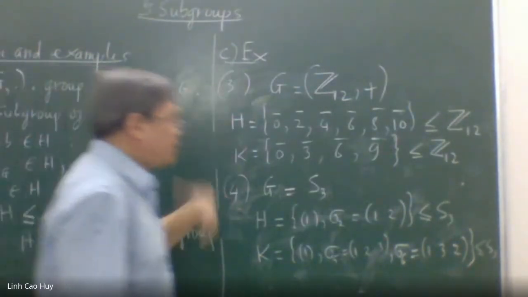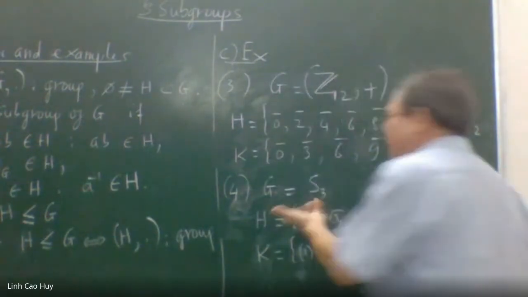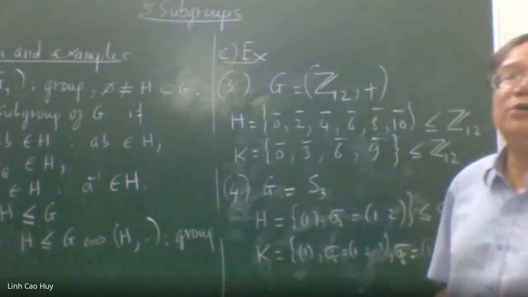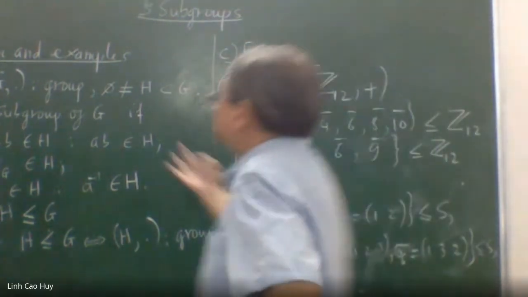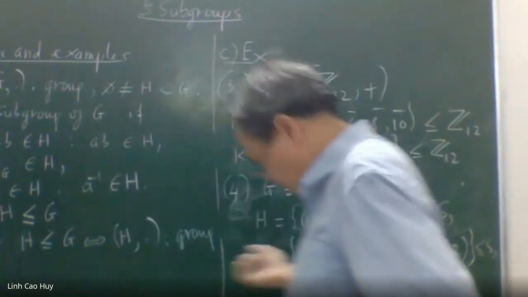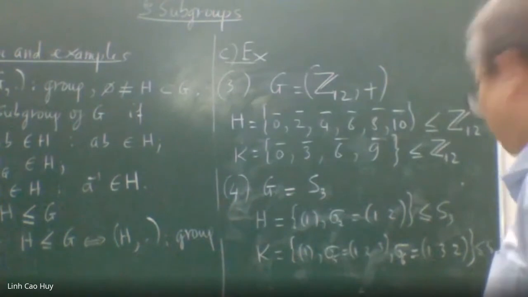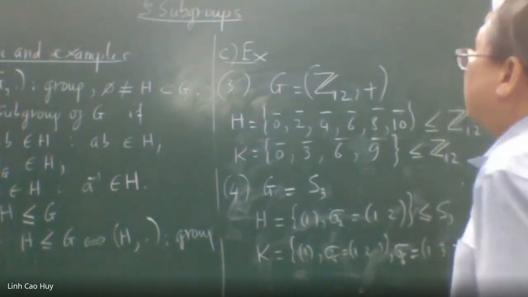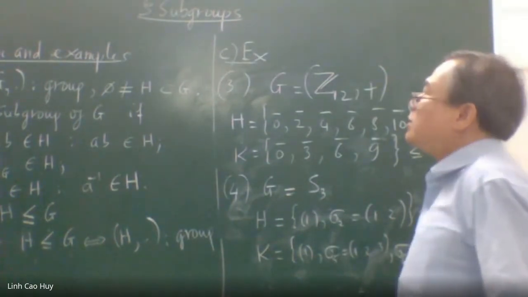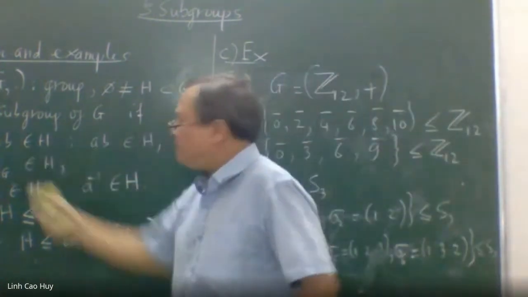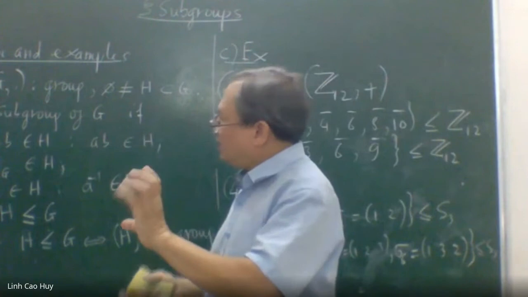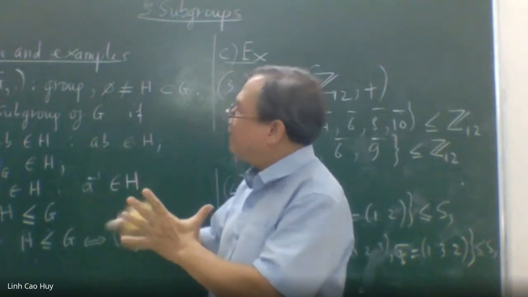Now, we take some examples to illustrate for you, and we know what is a subgroup of G. Okay? What is a subgroup of G? Now, in order to check a subgroup of G, we need to take 3 conditions, maybe many steps.